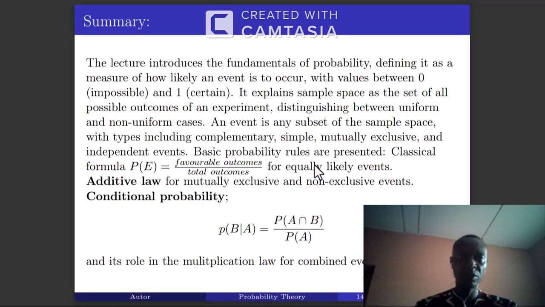These are some of the things we have learned in this unit: to get the probability of an event of your interest, the number of favorable outcomes over the total number of possible outcomes. We also talked about mutually exclusive and non-mutually exclusive events and conditional probability, which is given by the formula we are seeing. Thank you for your time and have a nice day.